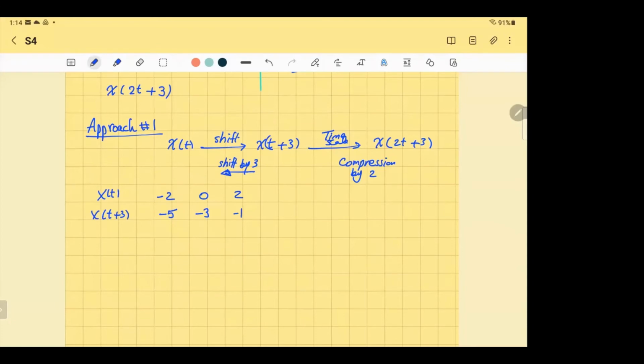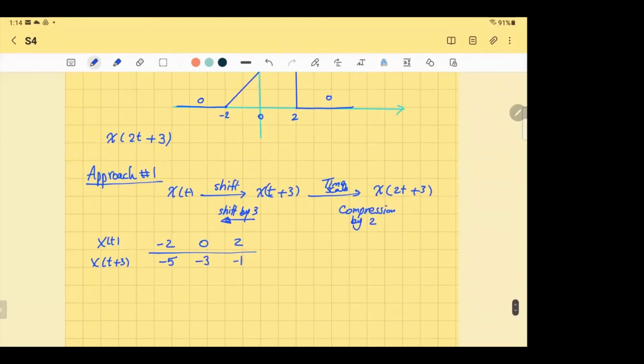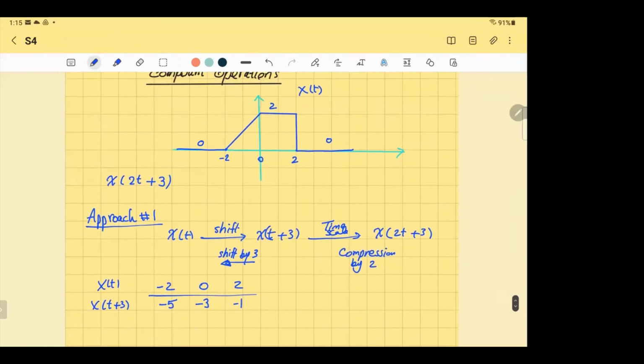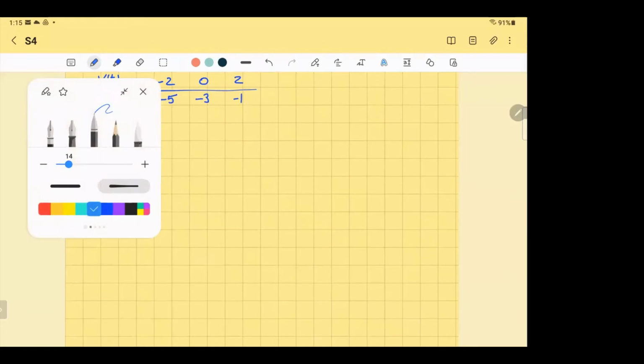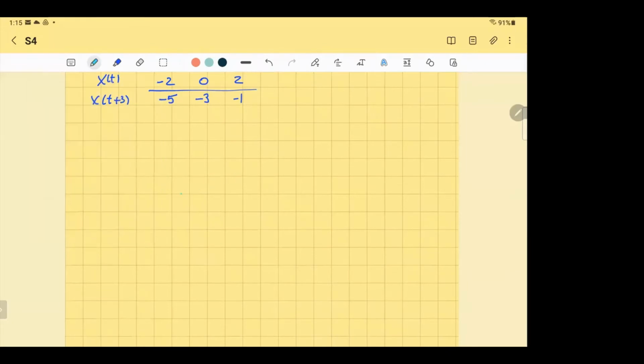So now I have my table here. I'm ready. And I have the signal in front of me here. I know how to change. So I'll just go ahead and make the change. That's the time axis. And I have from -5 to -1.